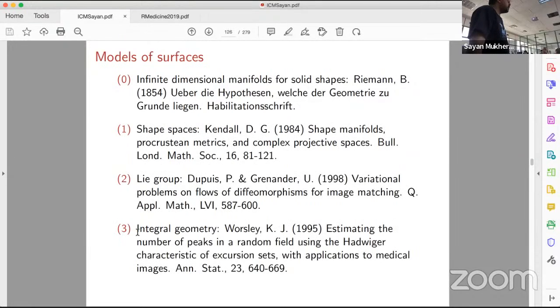Now, it turns out people thought about shapes. There are people who've done more recent work, but there are effectively three ways people have studied shape. One is what's called the shape space, and I'll show you a picture of that.